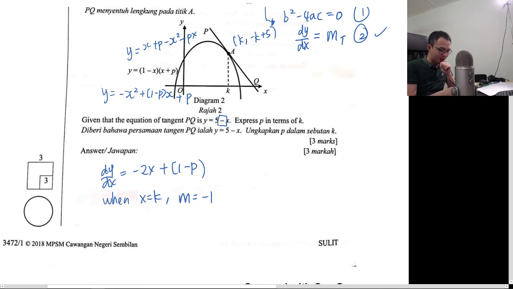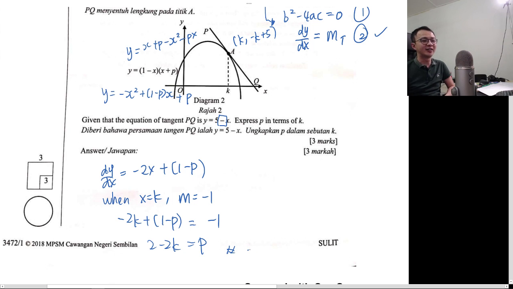So I will just solve this one. I substitute k into x, so it's -2k plus 1 minus p equals -1. Then I can get p in terms of the other thing. So I move the p to the other side. So this one is positive p. This one will be 2 minus 2k. So this is my final equation.